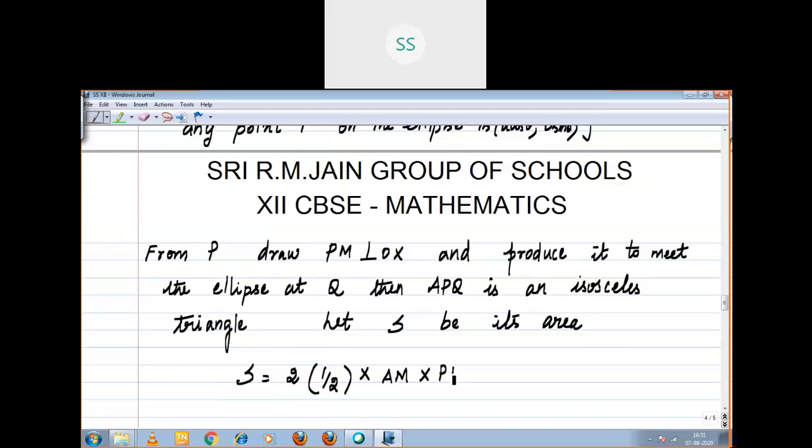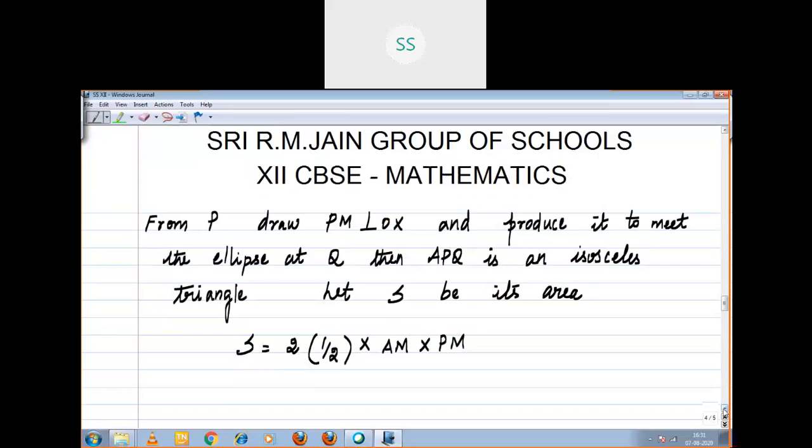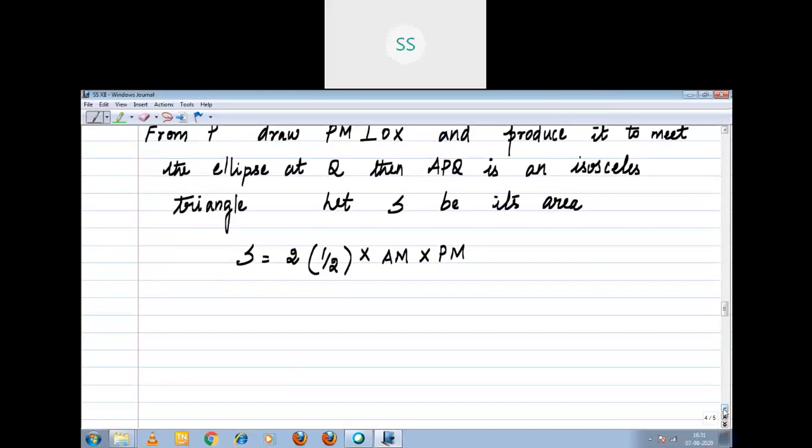PM. So AM into PM. The 2s cancel. Now AM we are going to express in terms of the origin: AM can be written as OA minus OM, into PM.